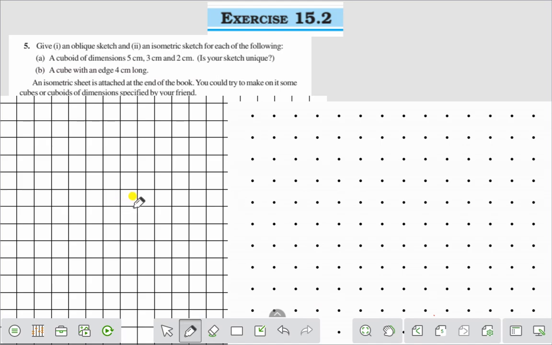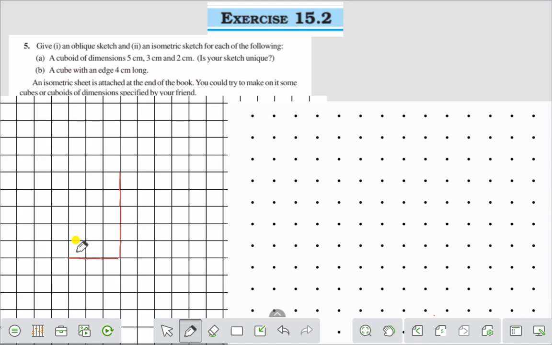Let us take the oblique sketch first. Let us take 3 cm, that is 1, 2 and 3, and the height is 5 cm, that is 1, 2, 3, 4 and 5.